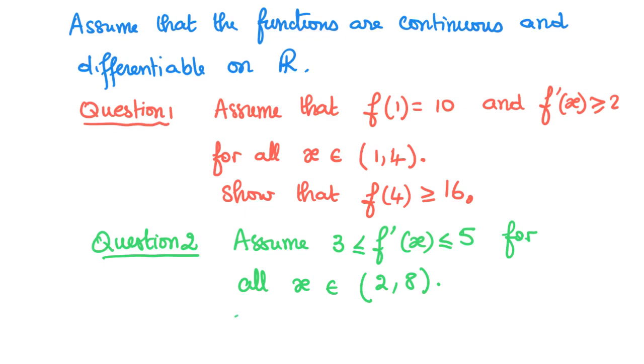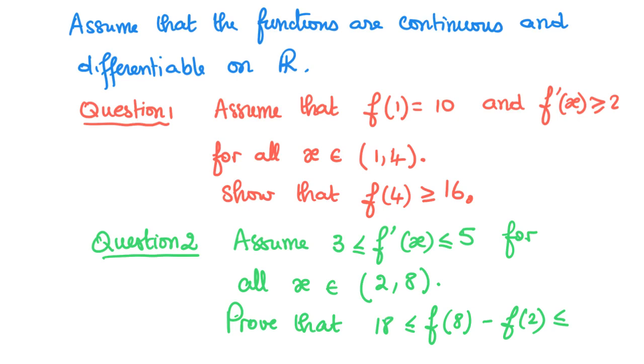I want to prove that then, under these conditions, the difference f of 8 minus f of 2 is between these two numbers, 18 and 30.